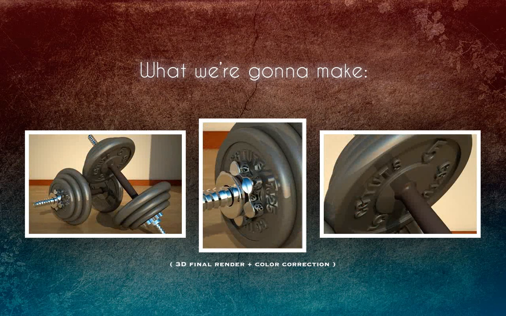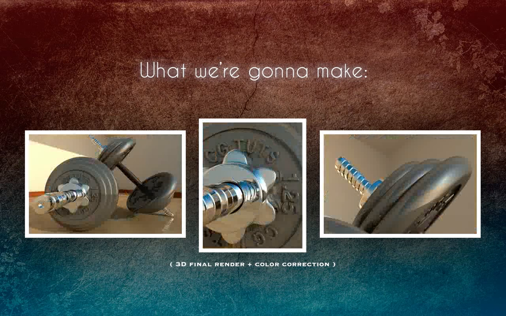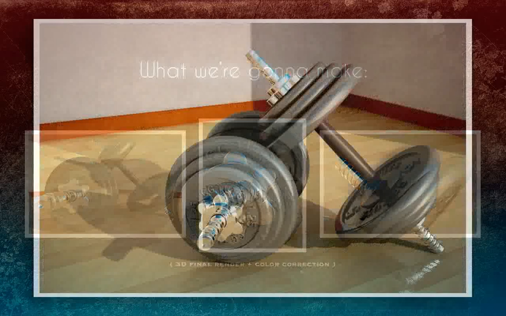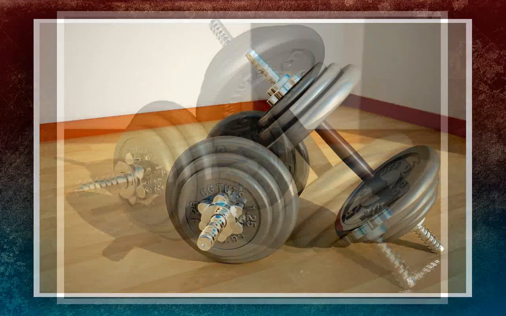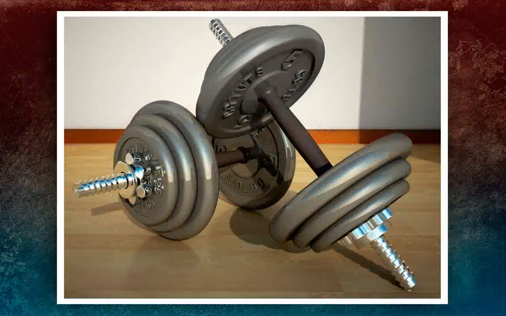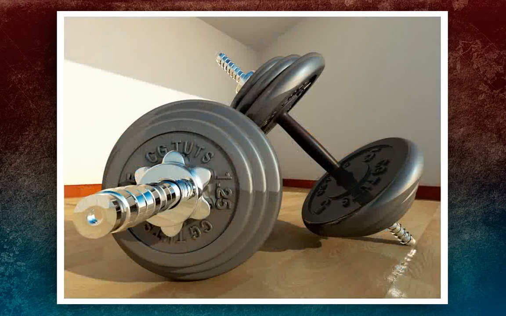After that we are going to jump into Photoshop to make a little bit of post-production for these particular shots. We're going to make 3 different shots for this scene, and the Photoshop part is going to be really quick, but I'm going to show you some basic techniques to improve your renders.